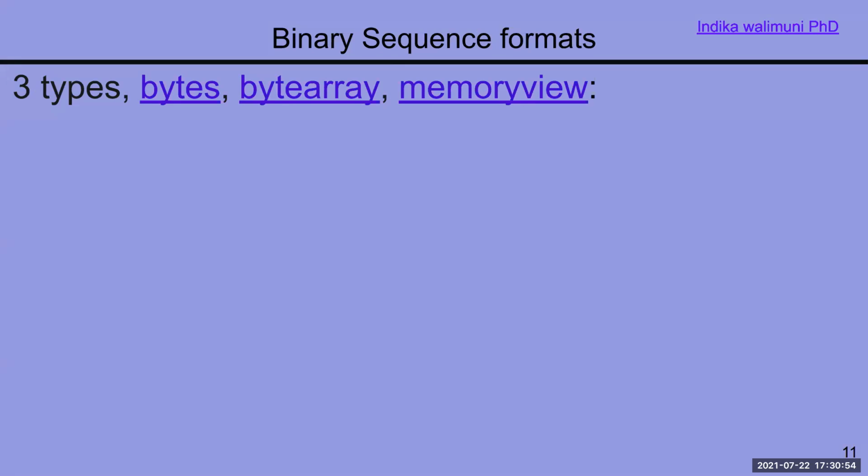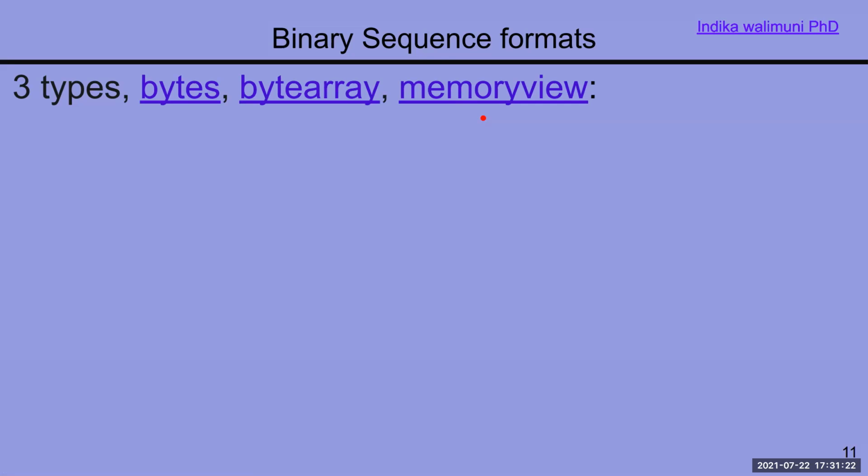Now before we go into file read and write, let's first learn about binary sequence formats. There are three types of binary sequences: bytes, byte array, and memory view. I'm only going to go over bytes, so I urge you to click this link and read about it a little bit.